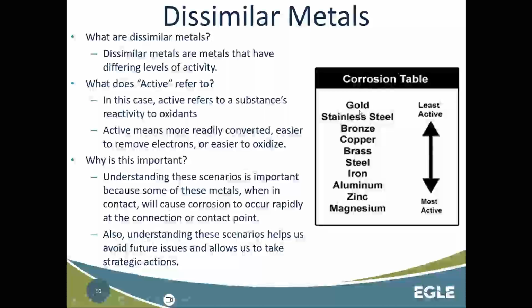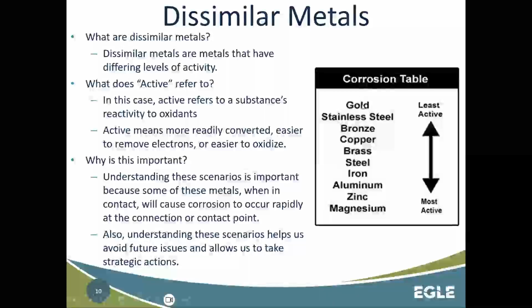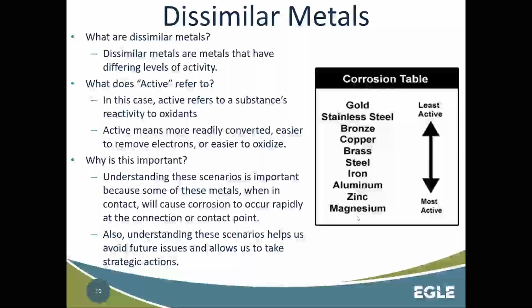Okay. And so this is just kind of a generic scale here that we have, where gold is the very least active. So it's less likely to give away that electron versus magnesium, which is on a very high level of activity. And we'll talk about this concept a little bit later, but these last three, well, actually last four, is a great example of what we deal with a lot when we're talking about hot water tanks, okay?